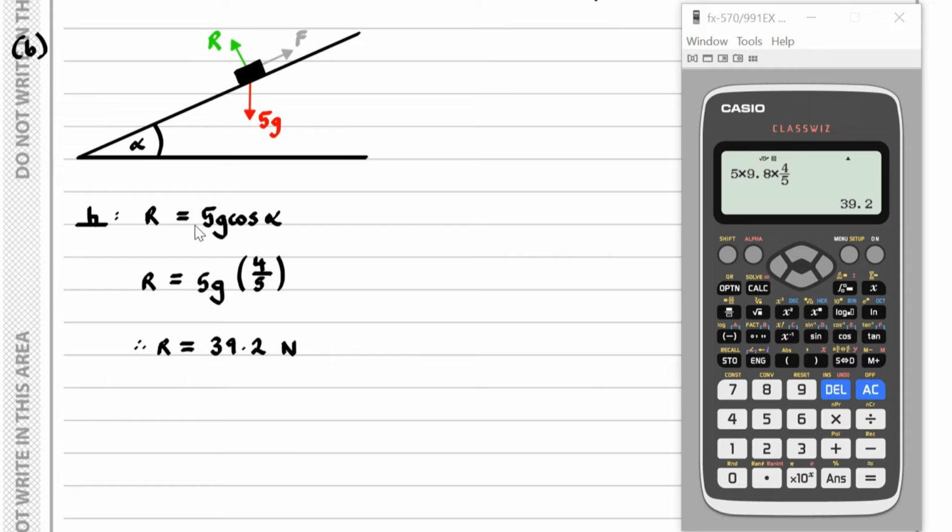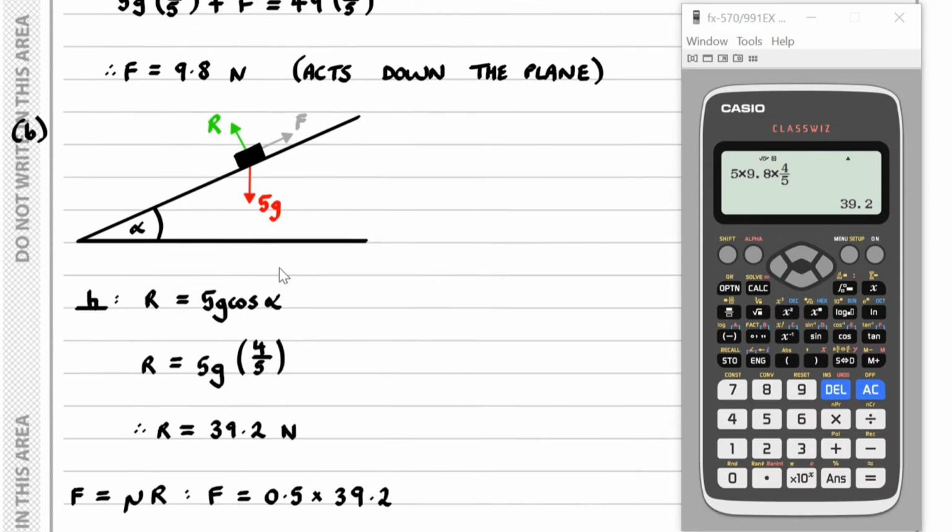What we can now do is find the magnitude of the frictional force. We can do this using F equals mu r. So we have F equals mu, which is 0.5, multiplied by r, which is 39.2. So if we work out what F is in this case, then F is equal to 19.6 newtons.